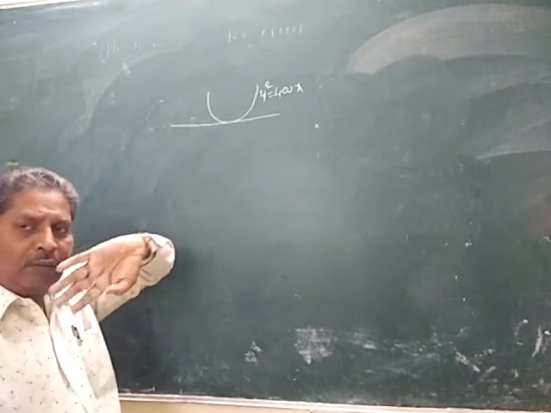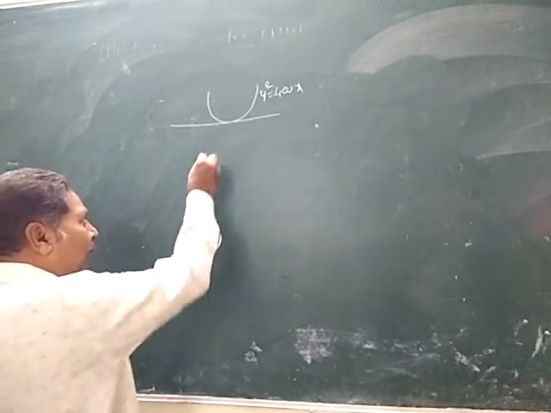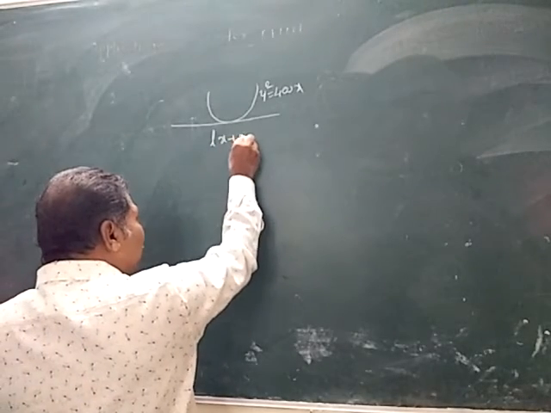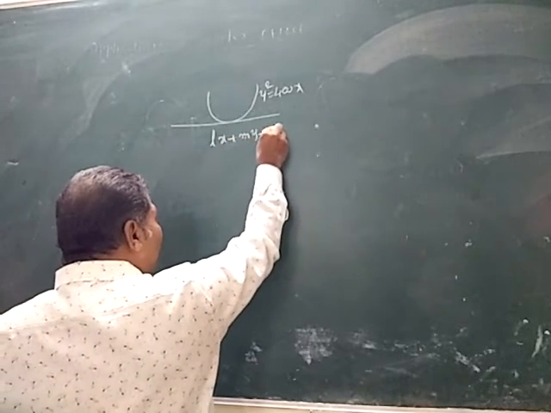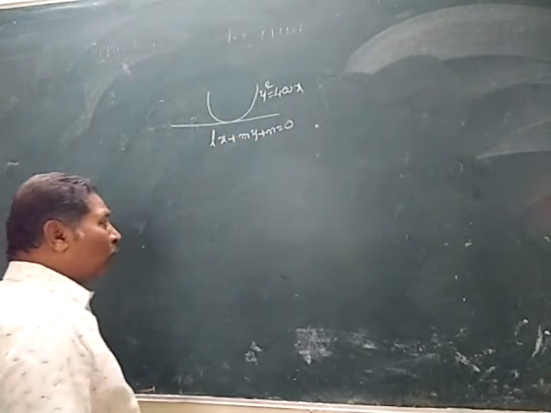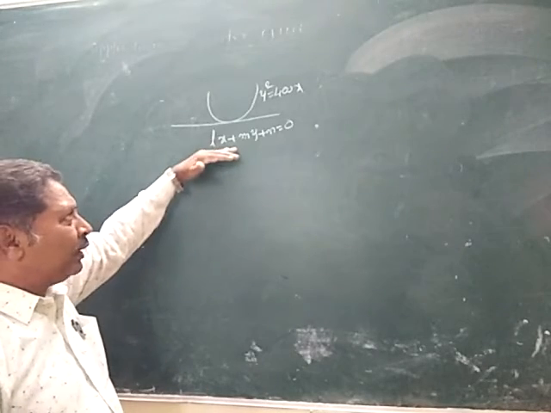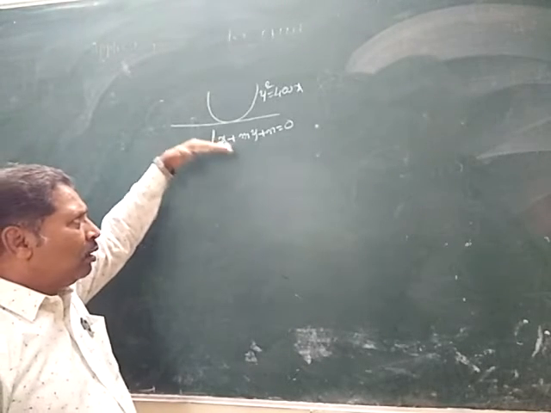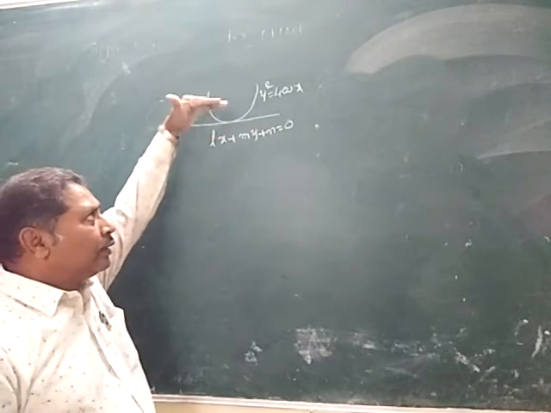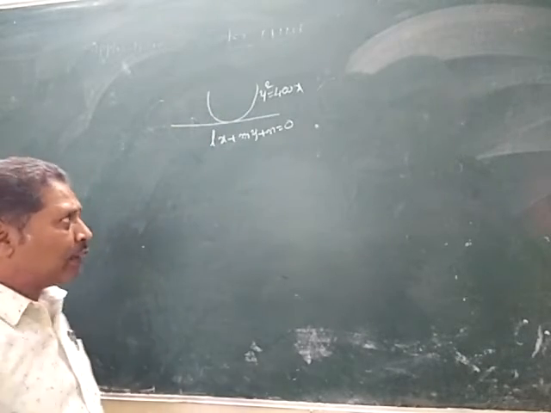This is the parabola. The line is Lx plus My plus N equal to 0. Then what is the condition when this line touches the parabola?